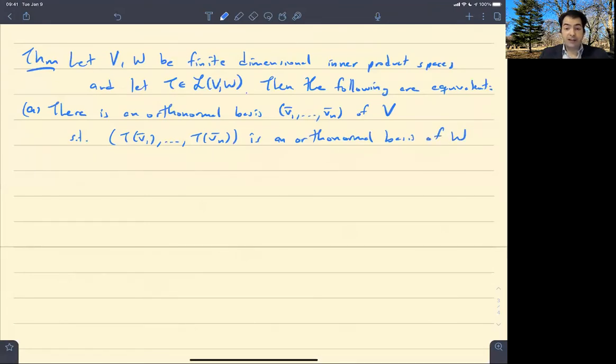Right, so this is completely analogous. For an isomorphism, we wanted that the image of a basis under T is a basis. Here we want that the image of an orthonormal basis is an orthonormal basis, and we are going to claim that that is equivalent to T being an isometry.